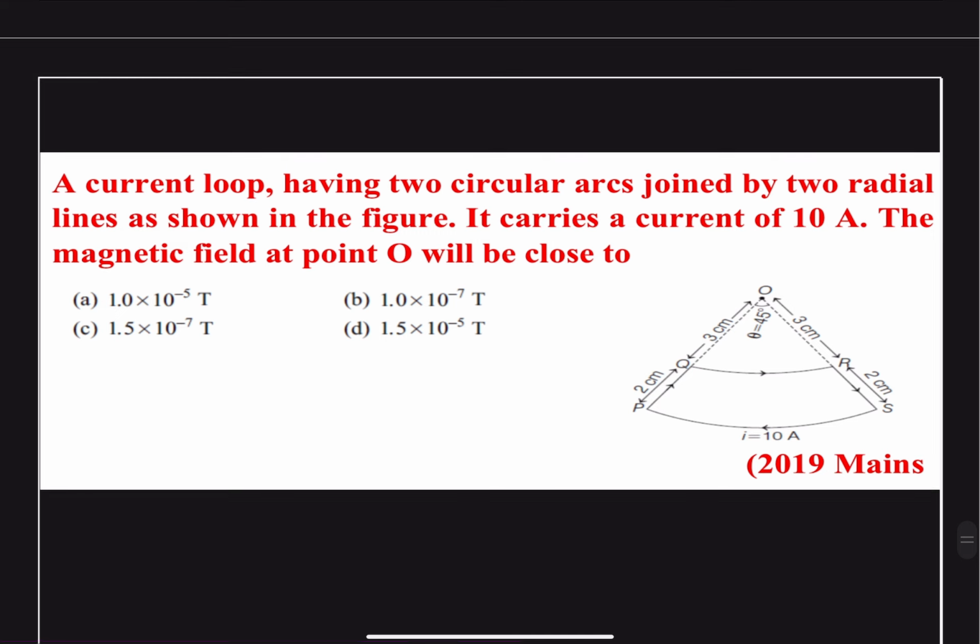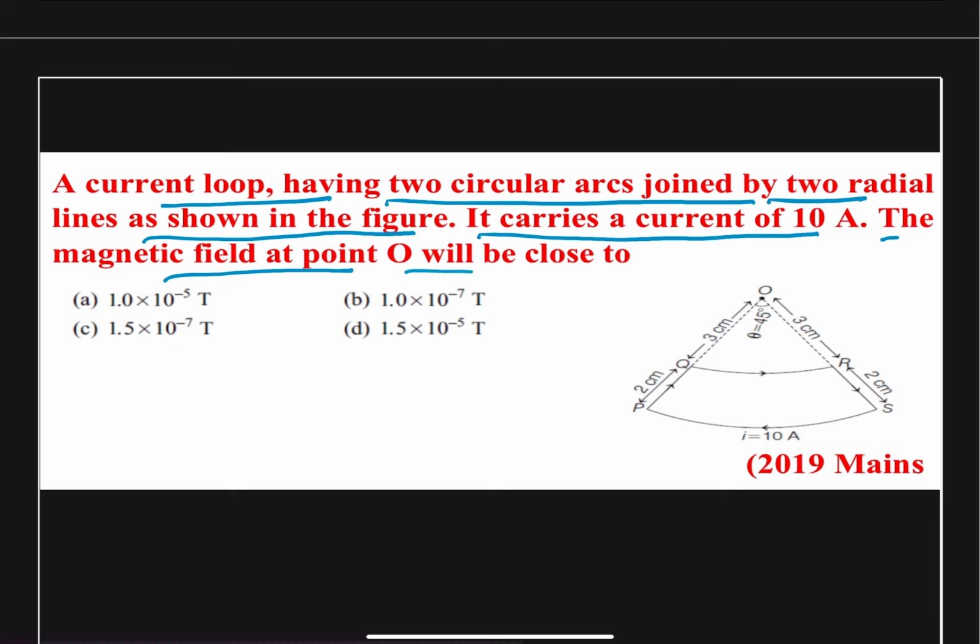So we come to our next question, and it states that a current loop having two circular arcs joined by two radial lines as shown in figure, it carries a current 10 ampere. The magnetic field at point O will be close to. In this case, we are given that we have two circular arcs.